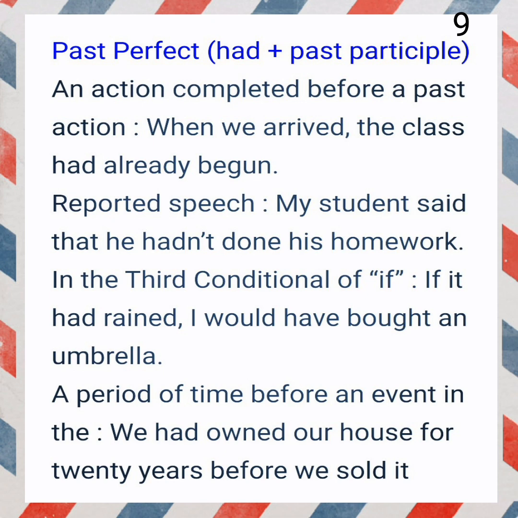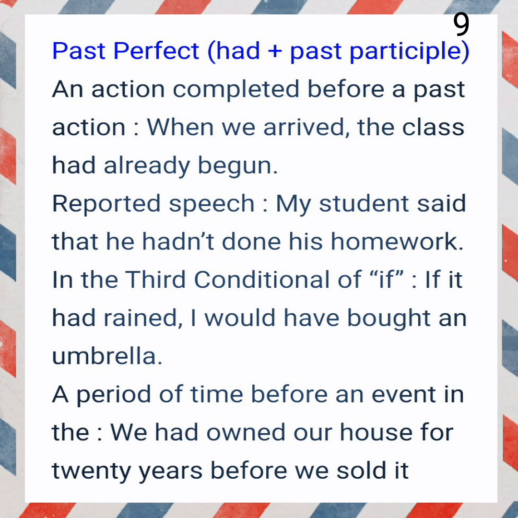For an action completed before a past action, we use this past perfect. Then in reported speech: my student said that he had not done his homework. Then it is also used in the third conditional of if clauses. If it had rained, I would have bought an umbrella.